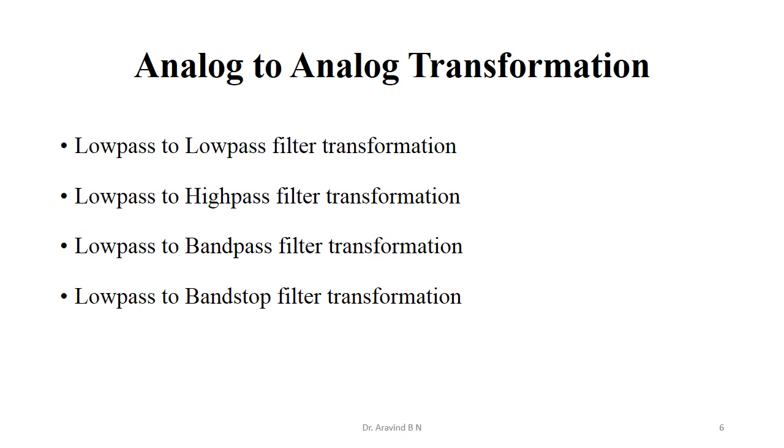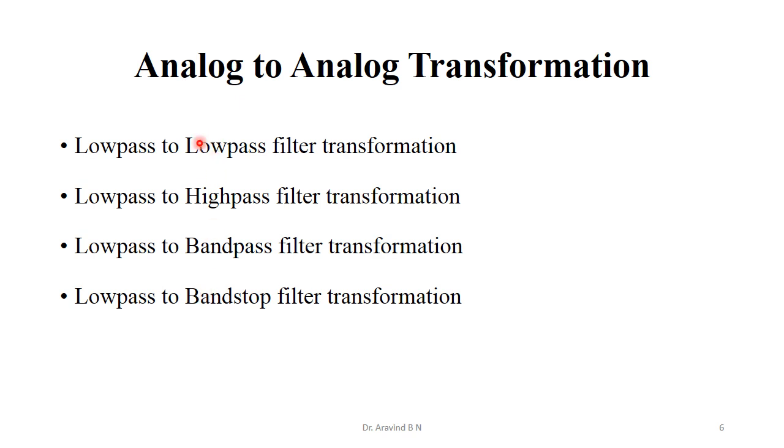Now let us get into the analog to analog transformation. It indicates that one analog specification is given and we are going to convert that into another analog specification. In this case we consider that the low pass specification is given in all the cases and we convert that into another type of analog representation.